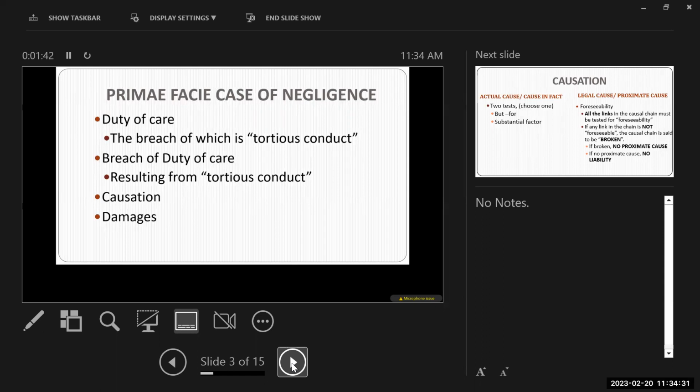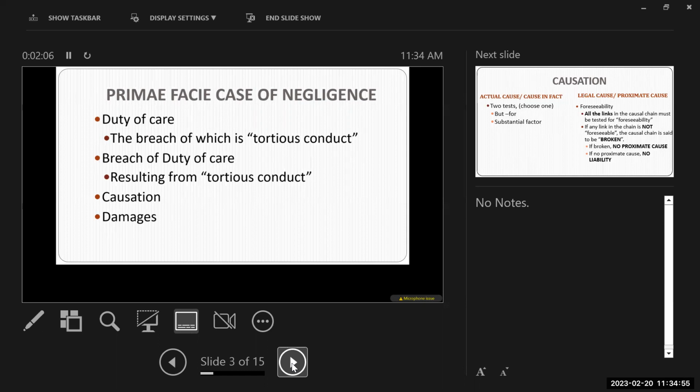So let's start here. Jill has a duty of care, an expected level of care that she is supposed to stay within as it relates to Jack. Jill fails to meet that level of care.